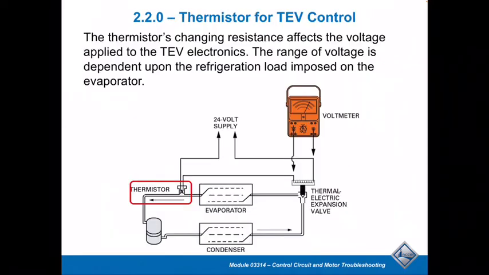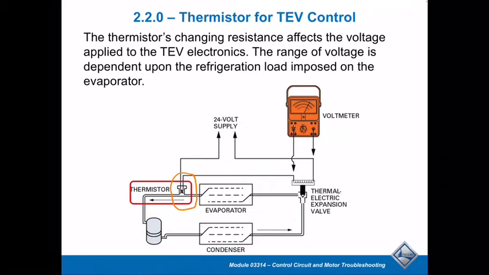So that's fairly typical. I want to show another one here, and this particular system is shown as a thermistor that would be used in an expansion valve system. And one of the things they're doing here is the thermistor is going to measure the temperature of the refrigerant coming out of an evaporator. And that's what they're showing in the red circled area.